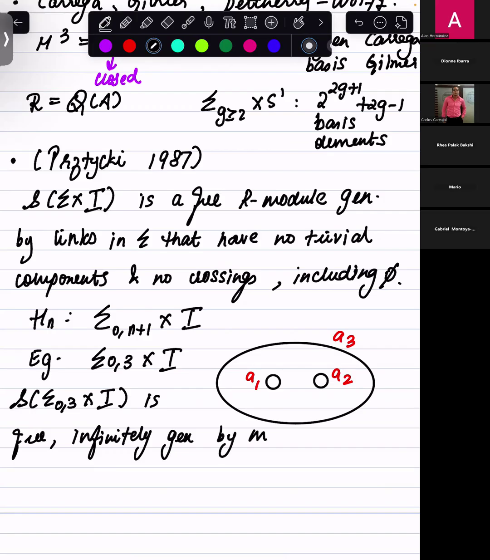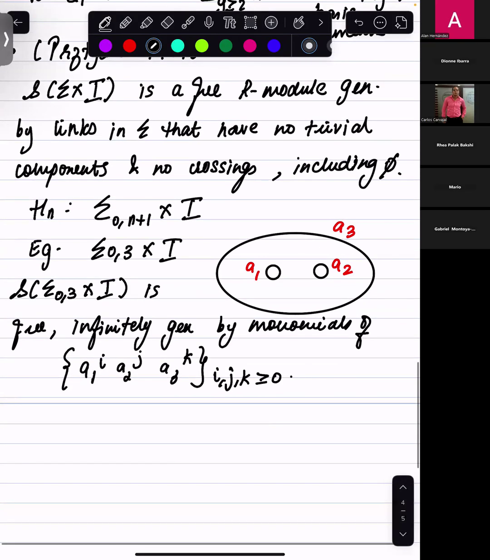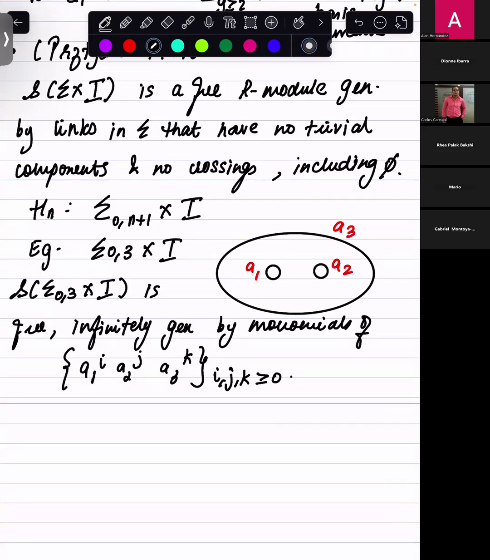by monomials of the form A1 to the I, A2 to the J, A3 to the K, where I, J, K are greater than or equal to 0. Okay, so these are monomials that generate the Skein module of the thickened pair of pants, which is the same as the genus 2 handle body.